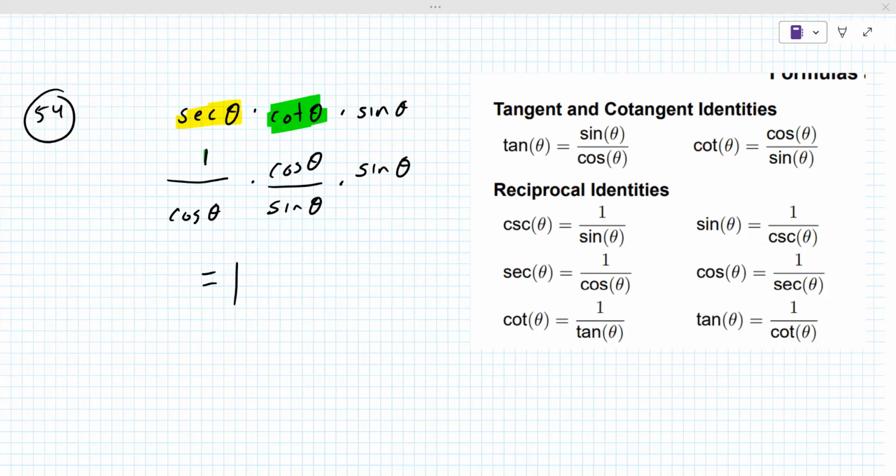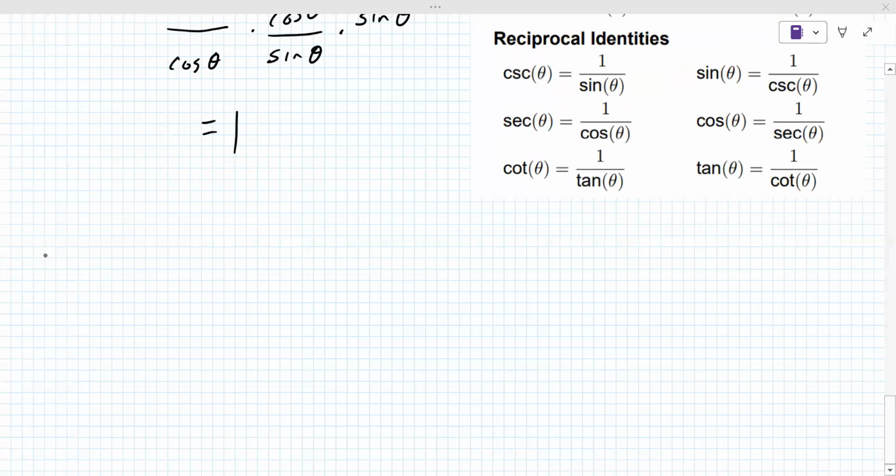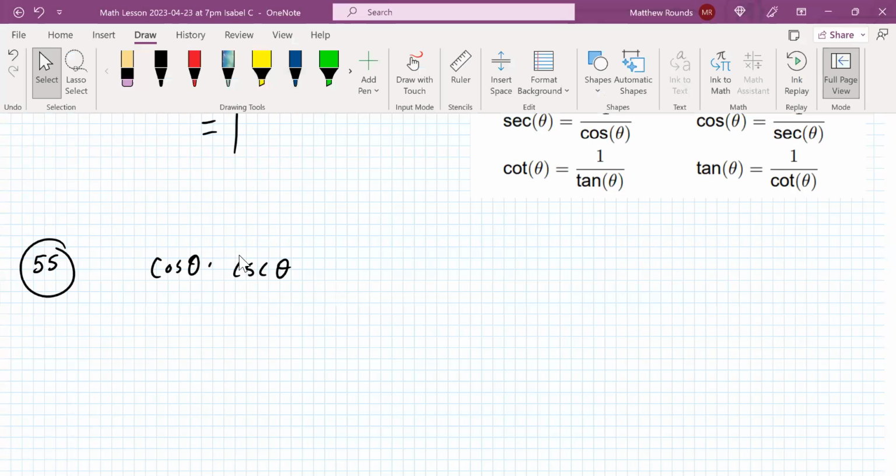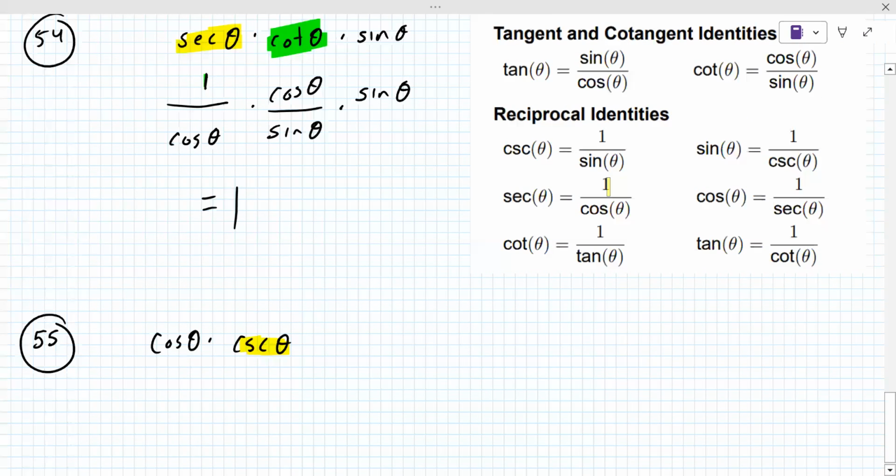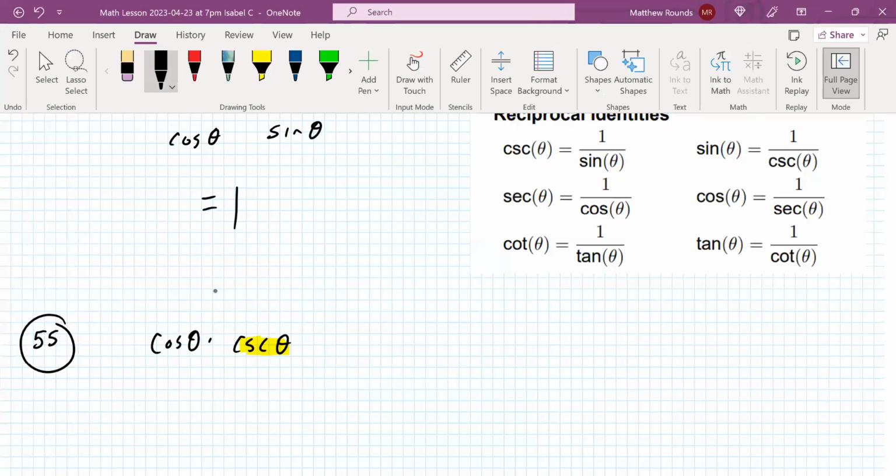So 55 here. 55 is kind of the last of the, air quotes, easy ones. Then we get some other things potentially in play. This one is cosine theta times cosecant theta. If it's not sine or cosine, which is what cosecant is here, you have to convert that using one of these identities. So you do cosine times 1 over sine.